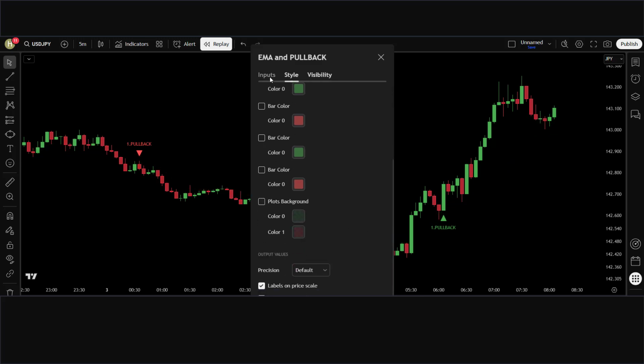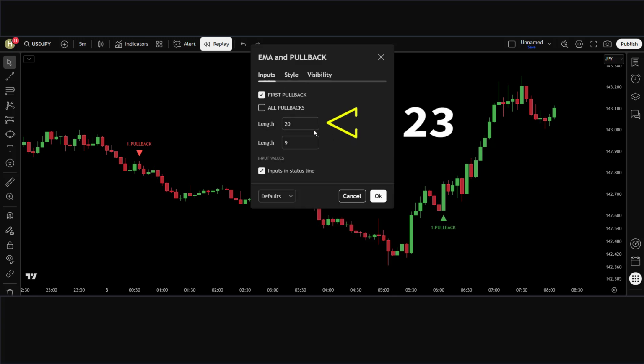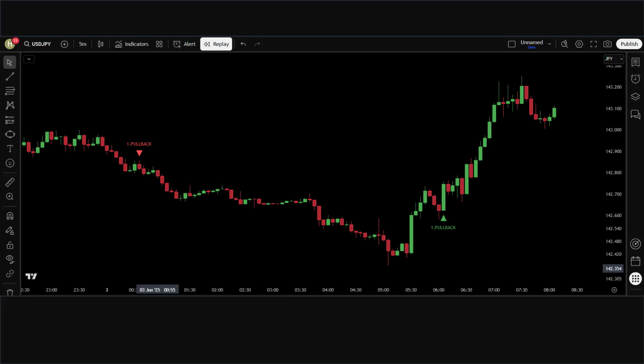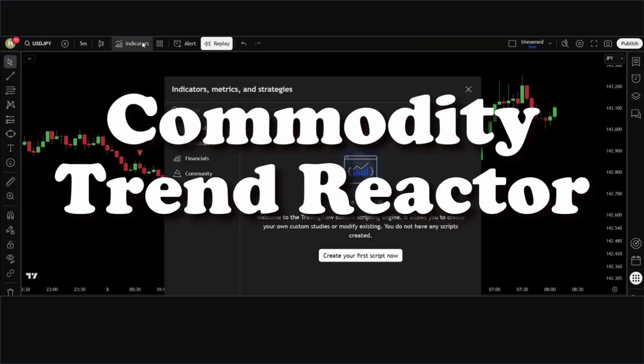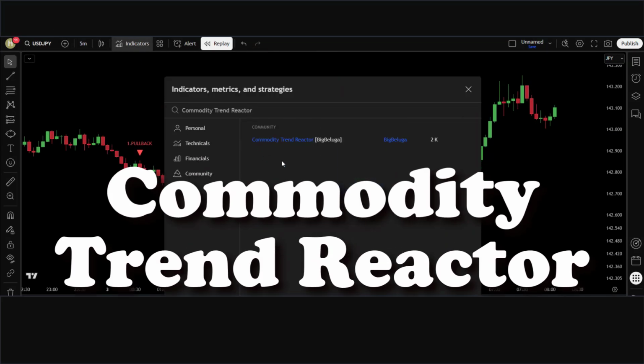Now go to the Inputs tab. We have to change this length 20 to 23. Second length 9 to 8. After that we have to apply another indicator on the chart. Second indicator name is Commodity Trend Reactor.